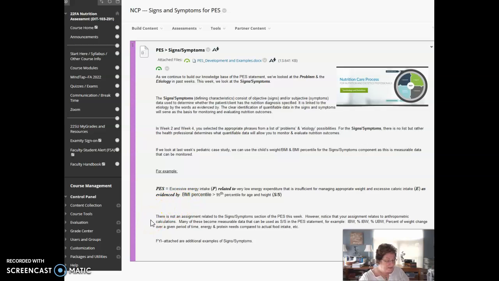Okay, so there is not specific verbiage for the signs and symptoms because you need to pull data to include there. What you're observing, what convinces you that this problem and this etiology have occurred, and you sum it up with those signs and symptoms. It supports the problem and the etiology.